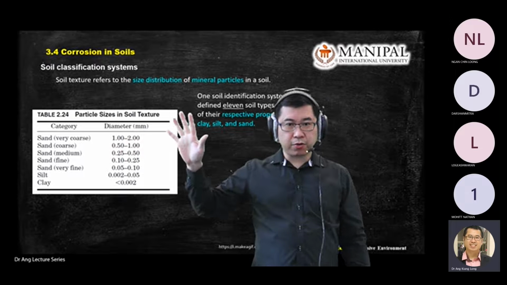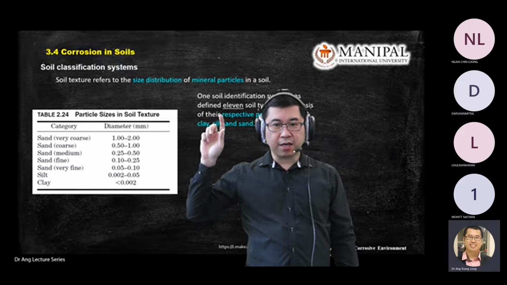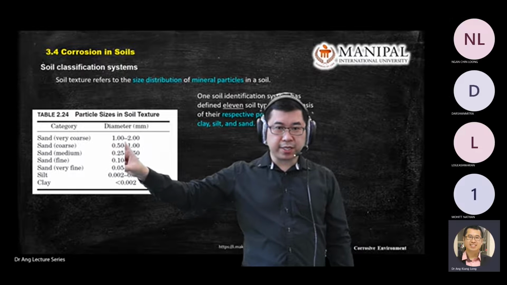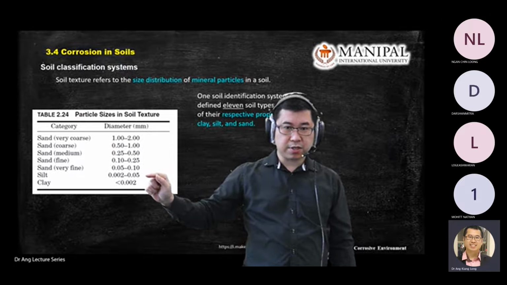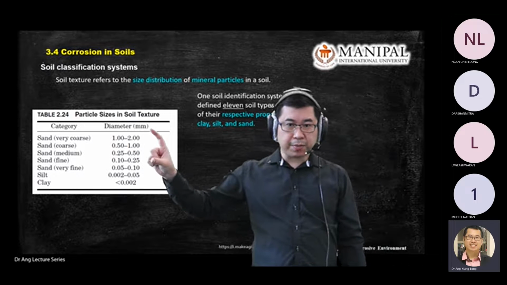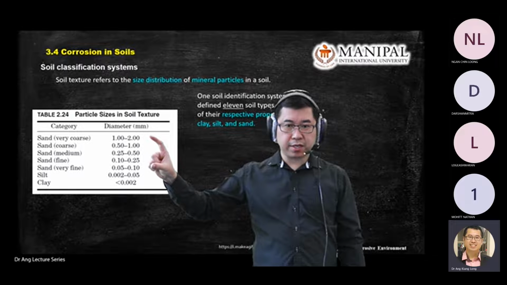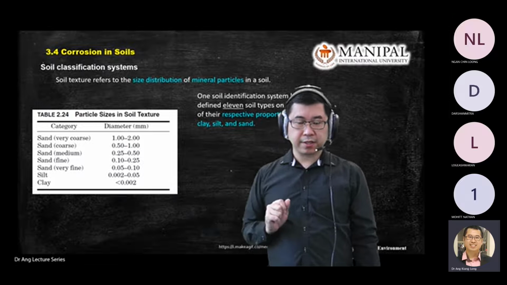So basically, if you look at this table, there are only three main components, which are the sand, silt, and clay. So there are three big families: sand, silt, and clay.